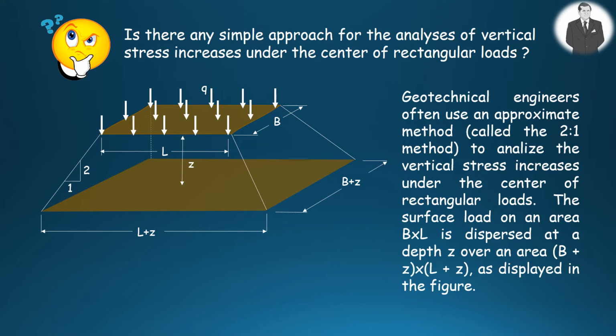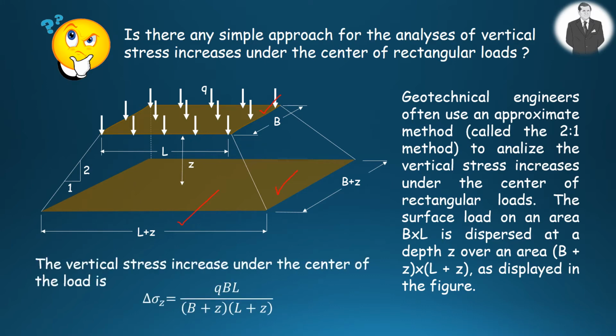The surface load on an area B times L, as shown in the figure, is dispersed at a depth Z over an area B plus Z times L plus Z. So the vertical stress increase in this case can be obtained by the equation provided here.